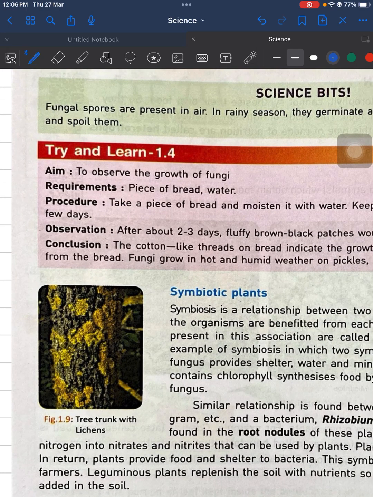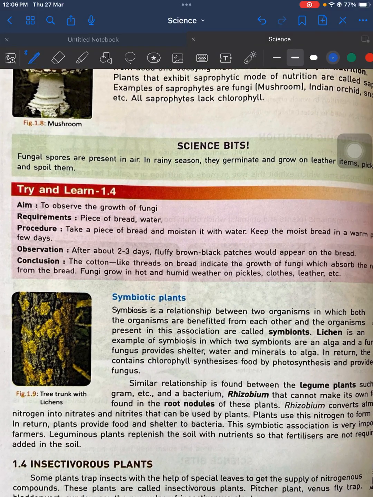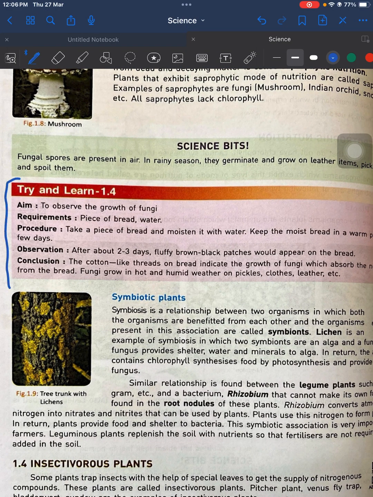There is one more experiment mentioned here, that you can grow fungus on bread. You take the bread and keep it in water for 1 or 2 minutes, and then you place the bread in a dark area where fungus starts growing after 2-3 days, and you can see brown or white patches showing the growth of the fungus.